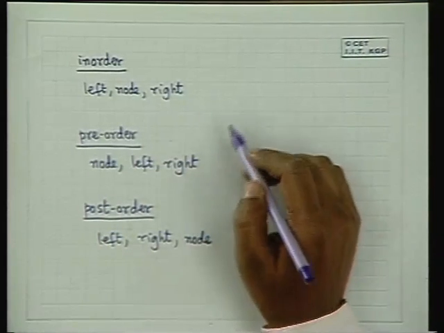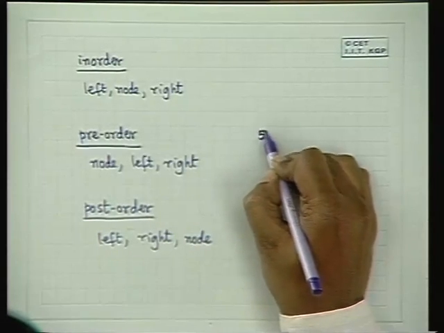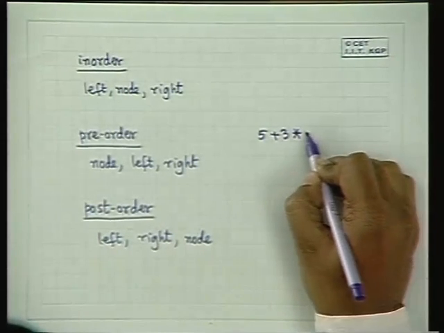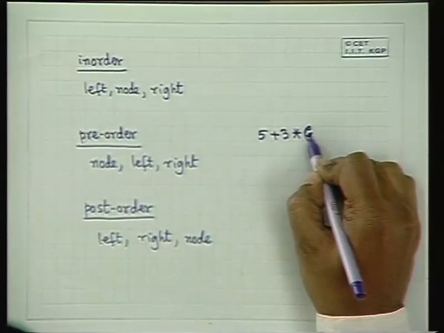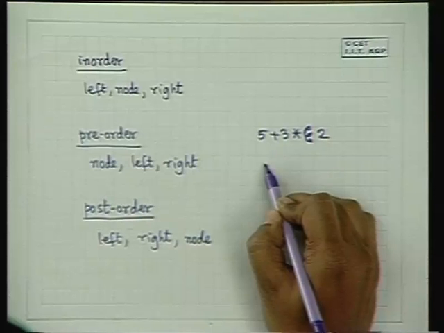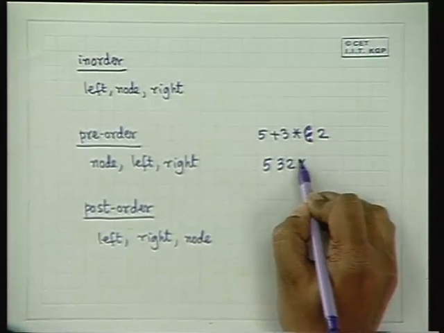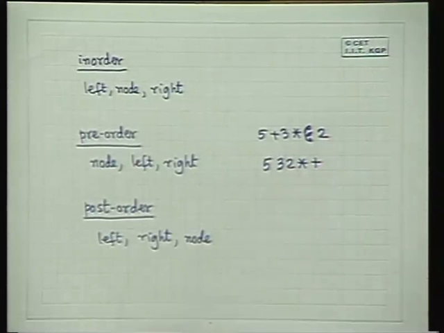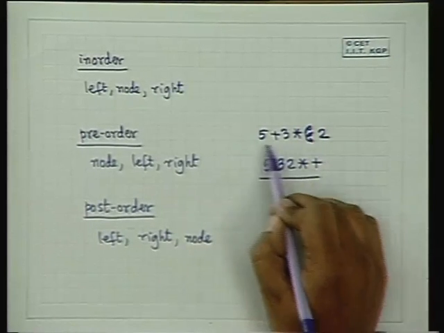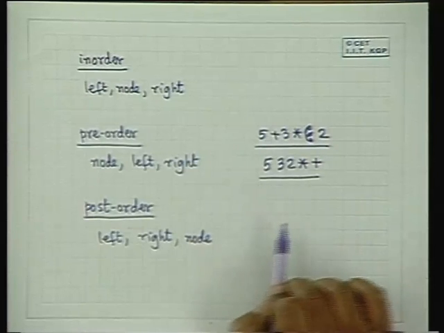But if you remember, do you remember postfix sequence? Suppose an expression 5 plus 3 into, say, into 2. This can be written in postfix notation as 5, 3, 2 star plus. Have you heard of this postfix, prefix and infix notation of expressions?